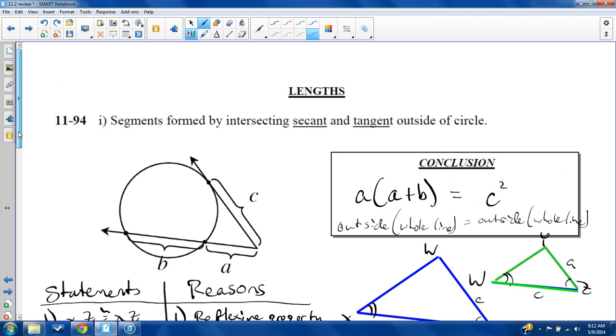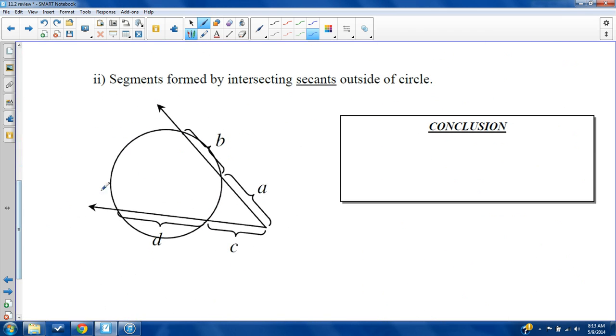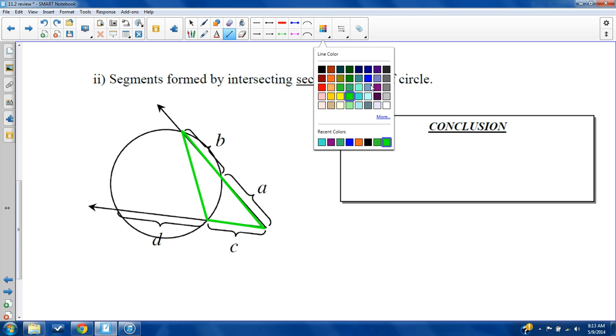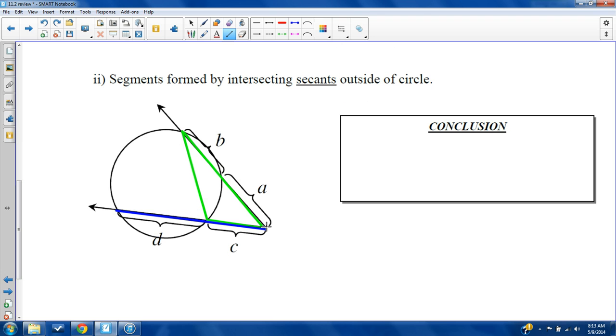Okay? And moving on down, we're going to have the same thing here. It looks like I'm running out of time to really prove this, but I'm going to go super quickly with it. No statements and reasons, or no two-column proof to write. But let's look at this green triangle here, and this blue triangle here, if you can still see the green there. Okay.